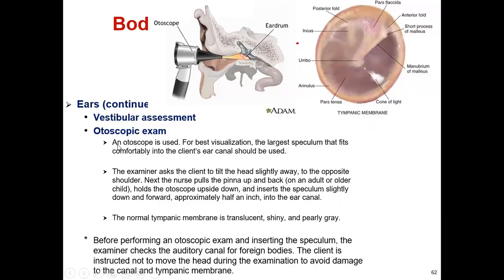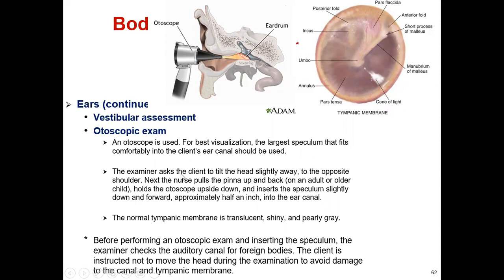Otoscopic exam: an otoscope is used for the best visualization. The largest speculum that fits comfortably into the client's ear canal should be used.